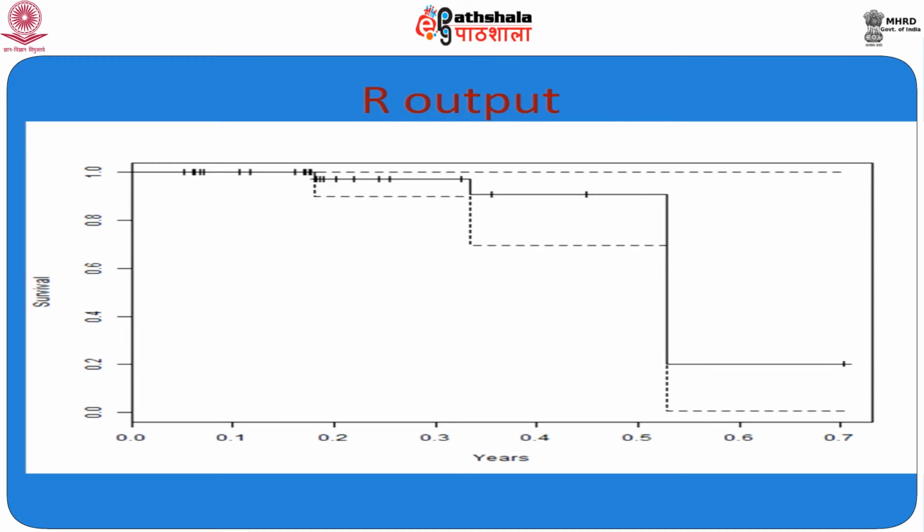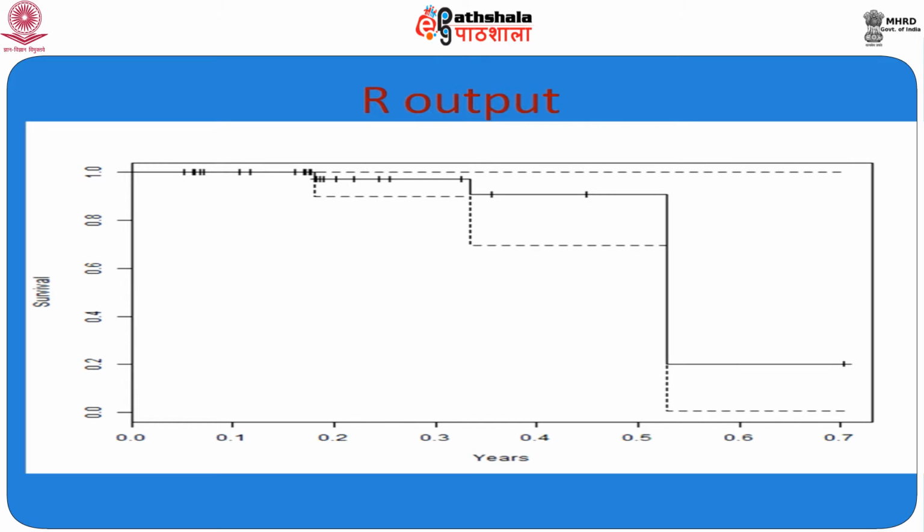Since it's a step function, around 0.2 years the first step down occurs from 1.0 to 0.96, and thereafter between 0.3 to 0.4 years the second step down occurred. So one patient died during that period, and the third time it happened between years 0.5 to 0.6.